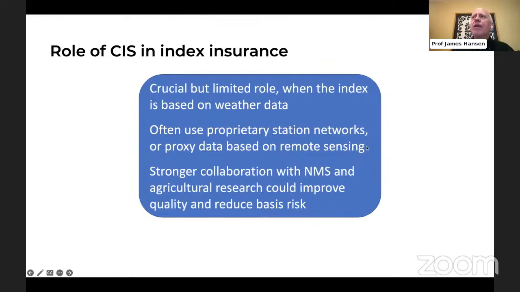If they set up their own station networks, that increases the cost. They can monitor the index, but they can't really design it well because they don't have the historical information. Satellite remote sensing data have good spatial coverage, but very poor quality.